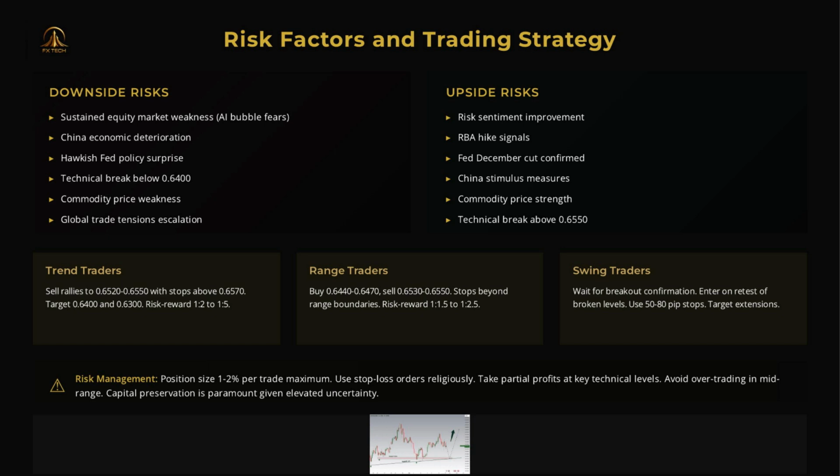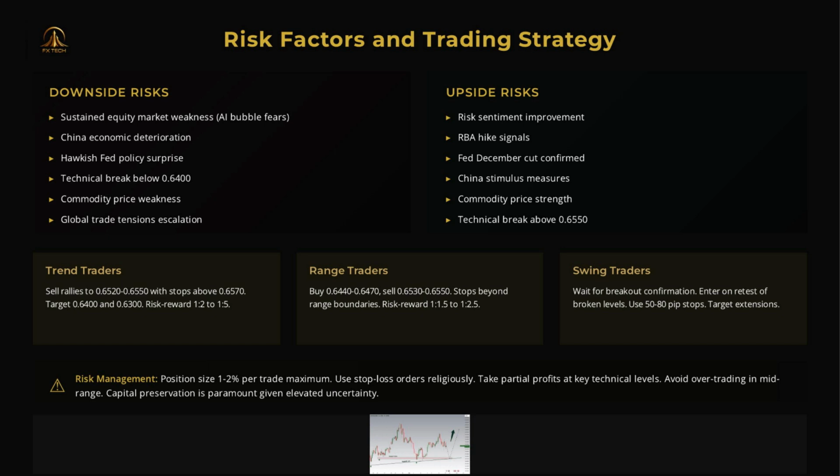Range traders should buy 0.6440 to 0.6470 and sell 0.6530 to 0.6550, with stops beyond range boundaries for risk-reward of 1 to 1.5 up to 1 to 2.5. Swing traders should wait for breakout confirmation, enter on retest of broken levels, use 50 to 80 pip stops, and target extensions.